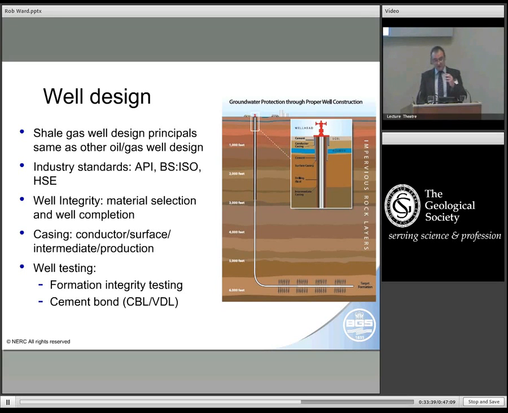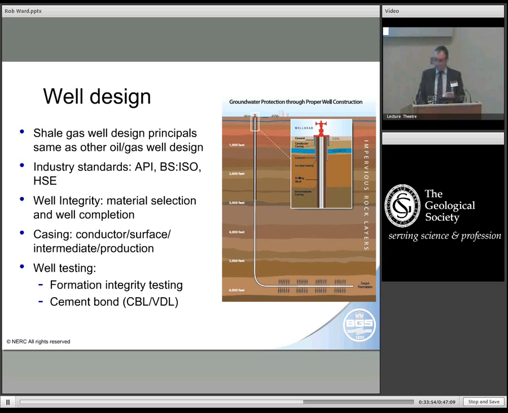And each of the casings are isolated from each other and from the geological media by the use of cement.